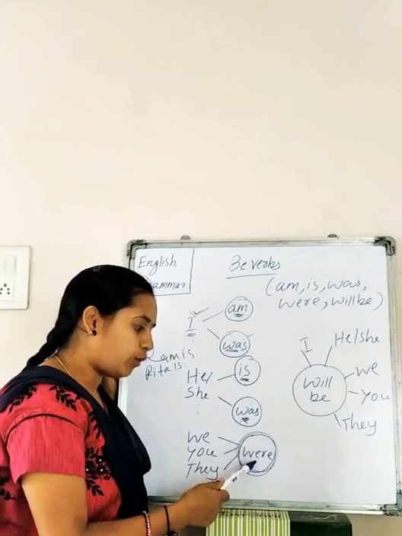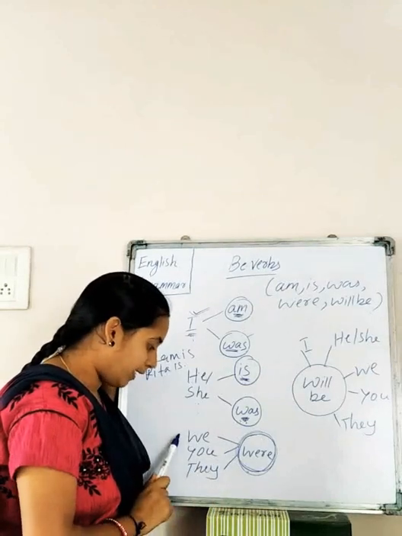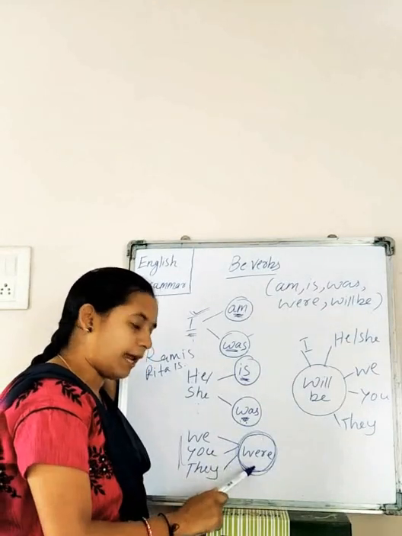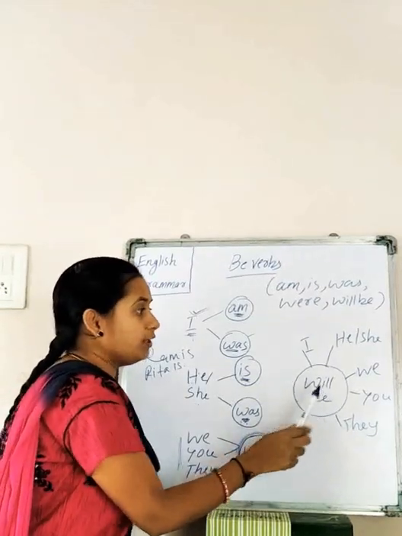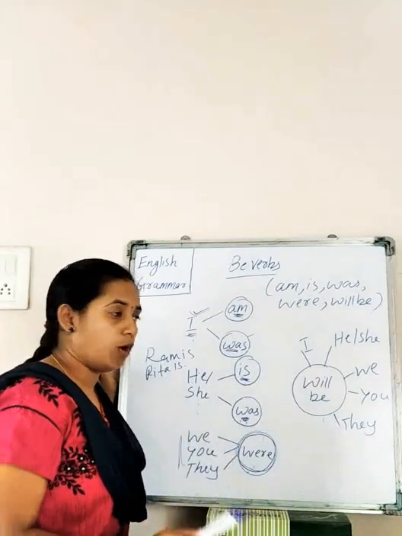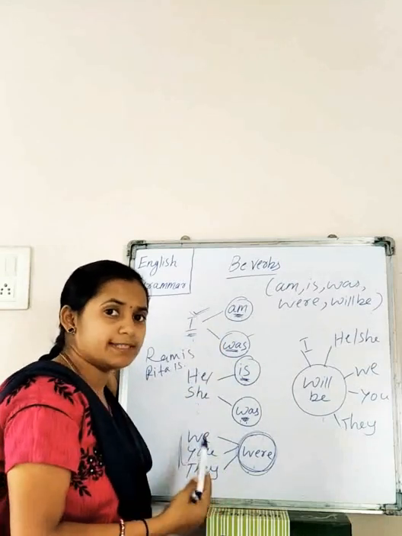And next is were. This be form were can be used with we, you, they. With these three, were can be used. And what about the will be form? Will, can, could we will discuss in modal verbs.